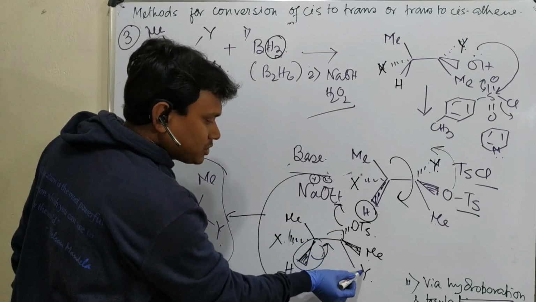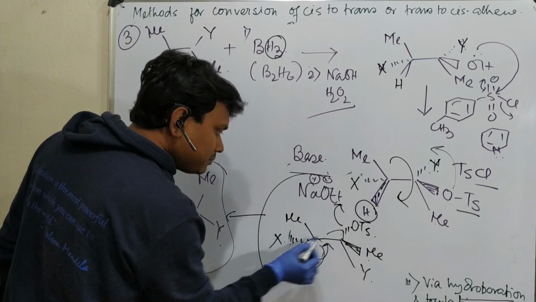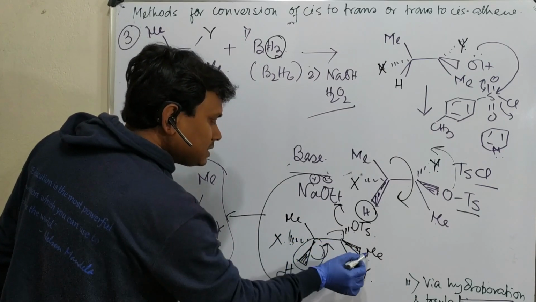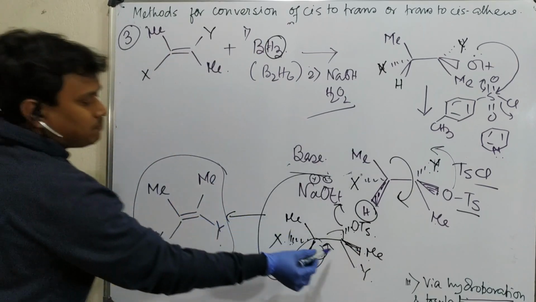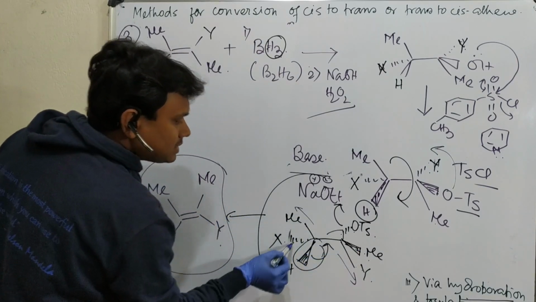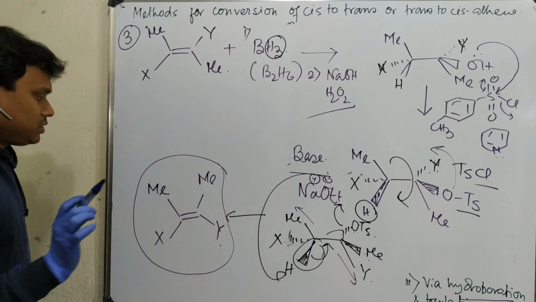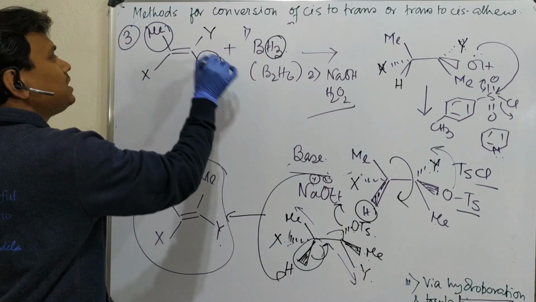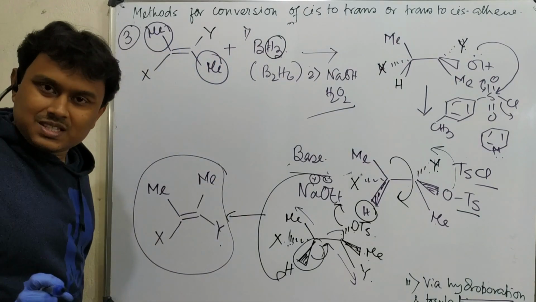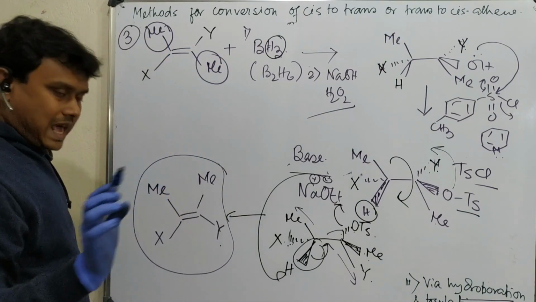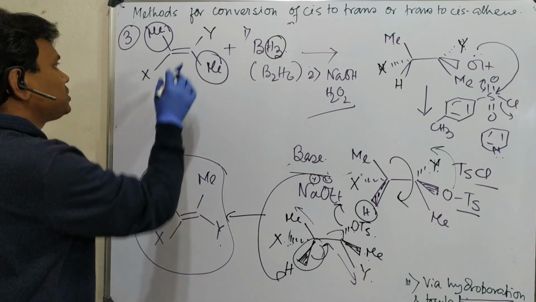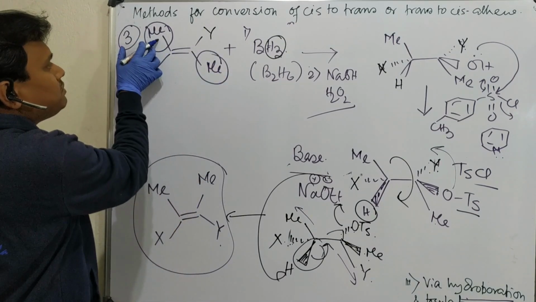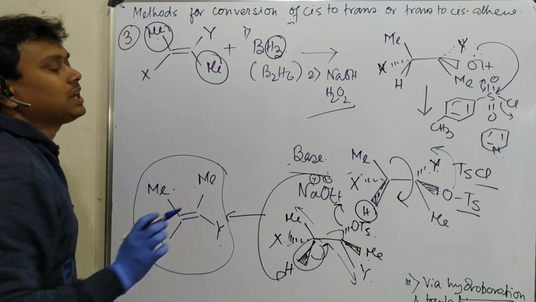These are in the same plane, so anti, and this is above, so from the 3D you have to understand. We have started with methyl in the opposite orientation. I am not saying cis-trans because it depends, or actually E/Z nomenclature is better to describe this. But see, methyl previously anti, right now methyl cis.